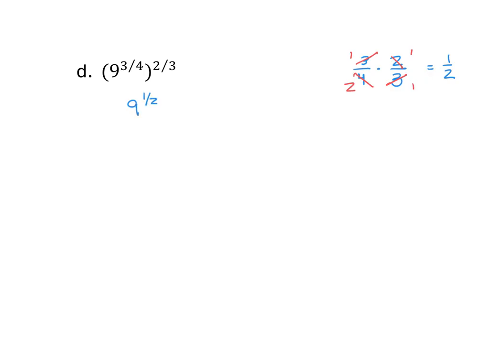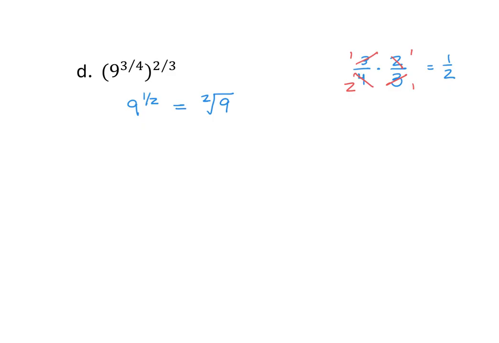All right, 9 to the 1/2. All right, so when we write this, the denominator becomes the type of root. The numerator stays the exponent on the outside, but because it is a 1, we don't really need to do anything with it.